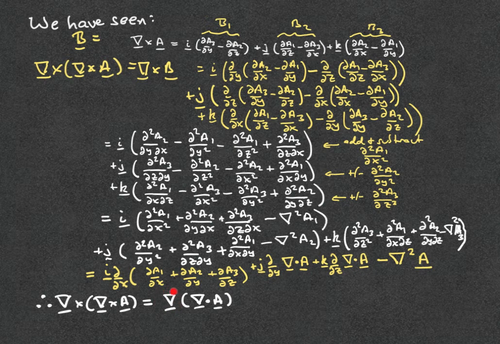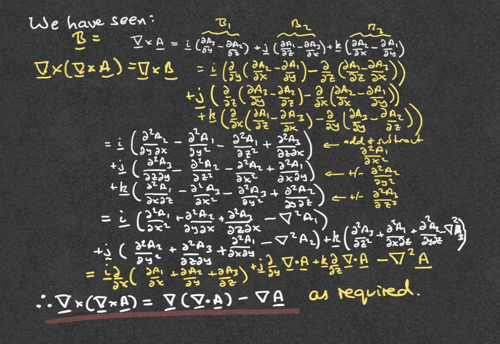So it's i d by dx on the divergence plus j d by dy on the divergence plus k d by dz on the divergence. That's what we have here, minus the Laplacian acting upon the vector field A. And that is the result that we wanted to show. So as required.